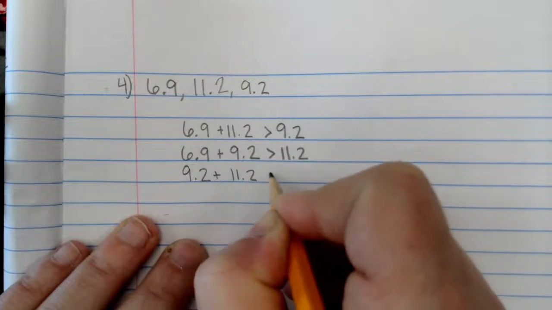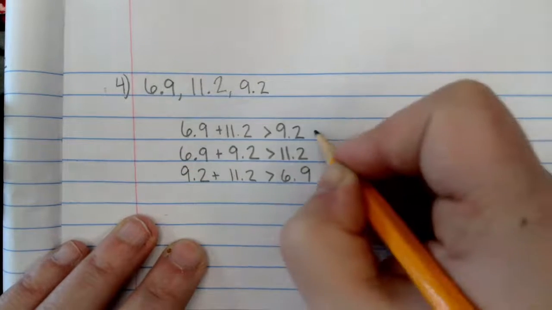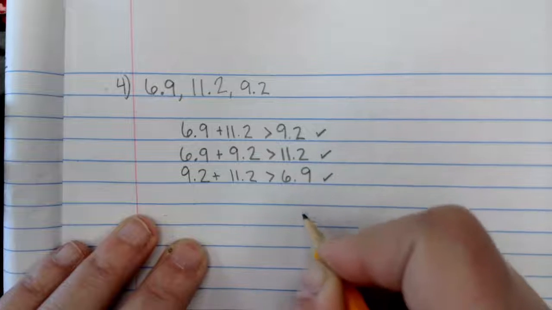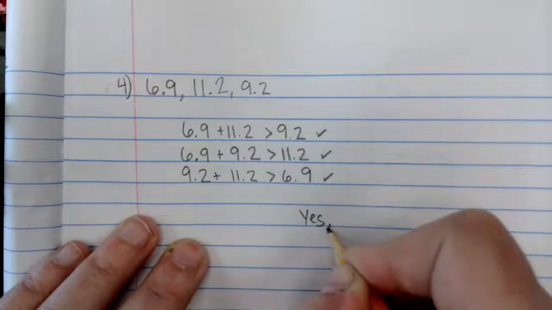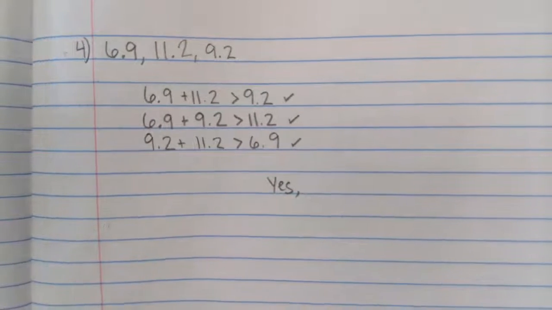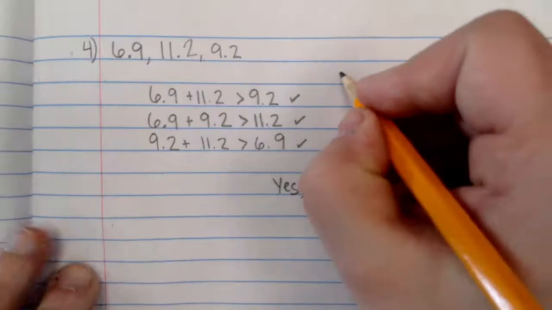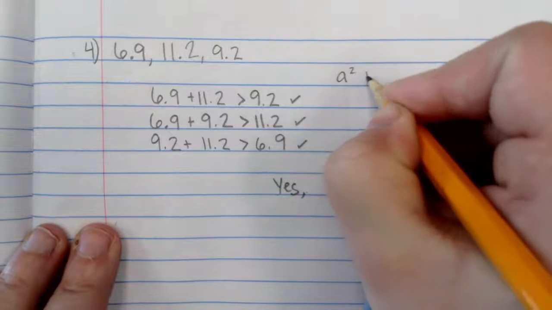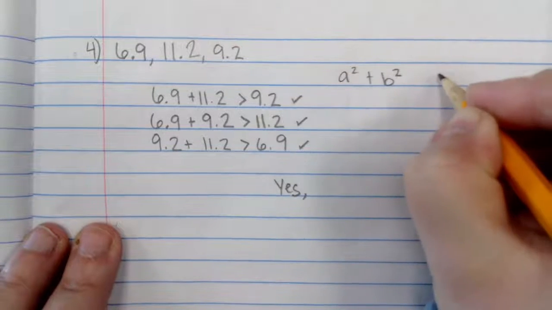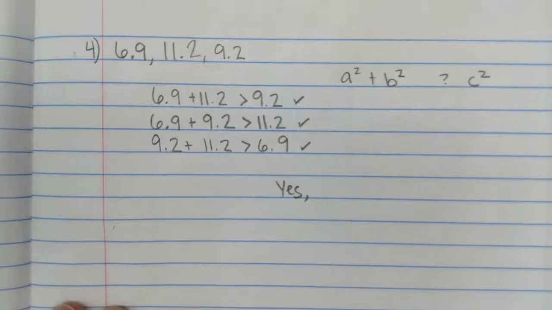And even though I already kind of told you the answer, or you guessed it, let's just double check our work and make sure we got it. So we have our a squared plus b squared, and we're going to compare that with our c squared. We're going to start with our c when we fill it in, though. Which one of these has to be the c? 11.2.